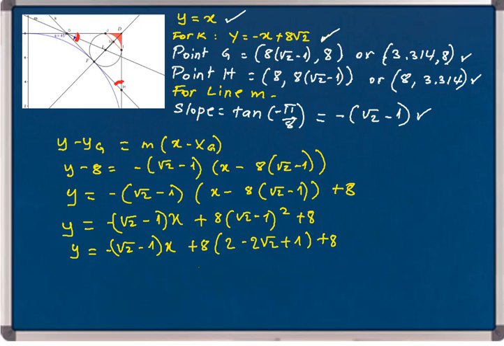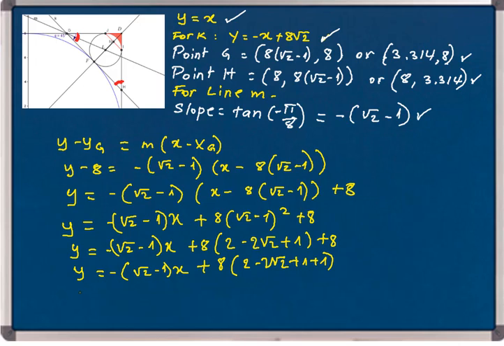Okay, now we can introduce that 8 here. y is equal to minus square root of 2 minus 1 x plus 8 times 2 minus 2 square root of 2 plus 1, plus 1.